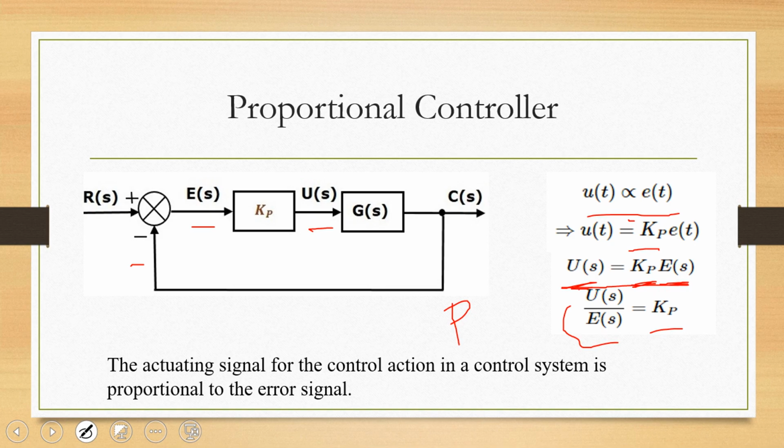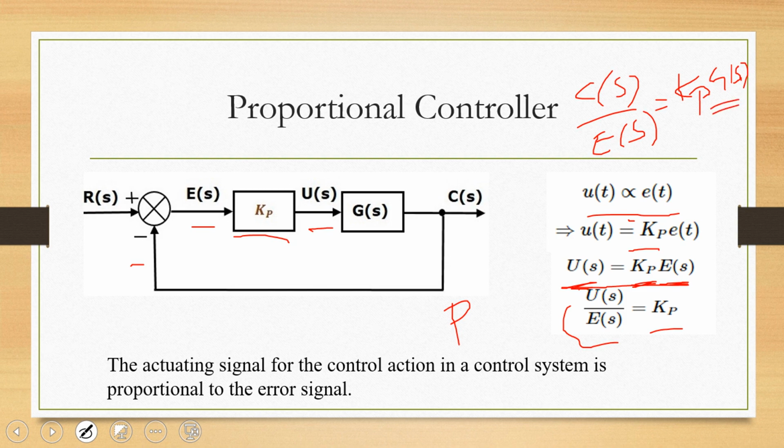Also, the introduction of the P controller increases the forward path gain by an amount Kp. If we write C of S by E of S, it is Kp into G of S. So your forward path gain is also increased by Kp.